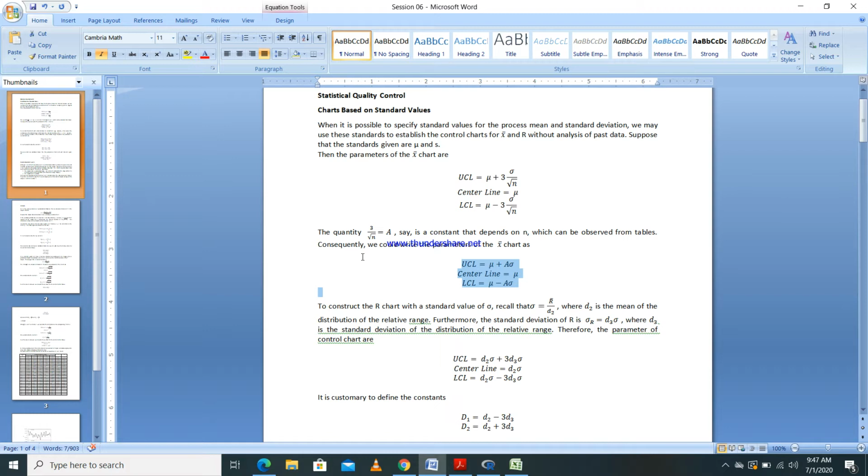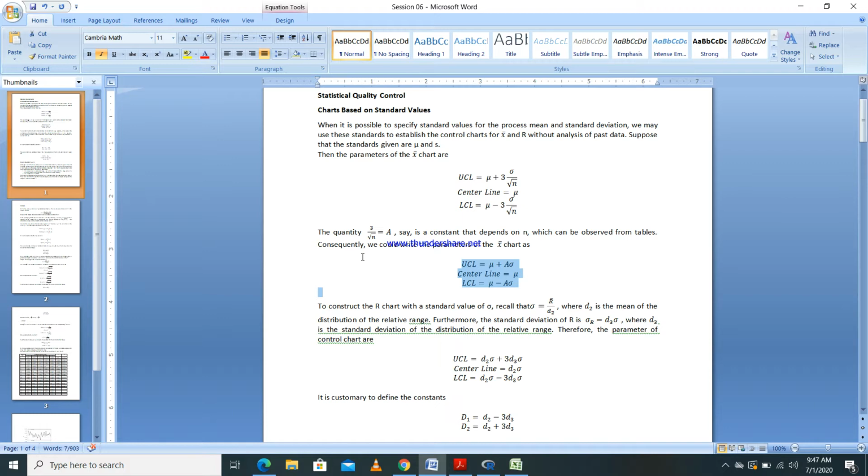To construct the R chart with the standard value sigma, that is when you know the population standard deviation, you can again use the factor table.